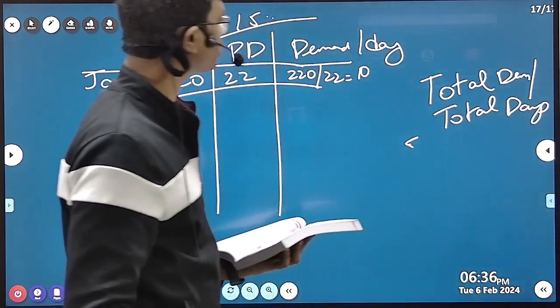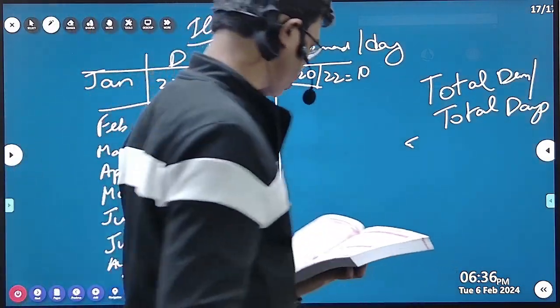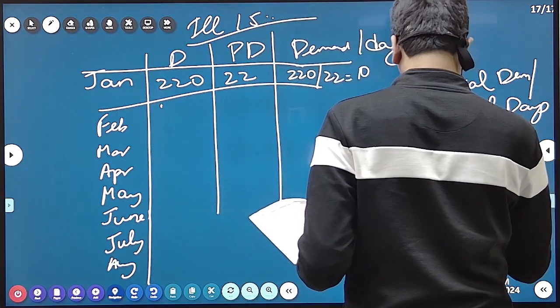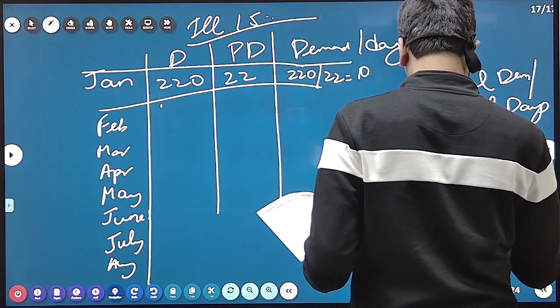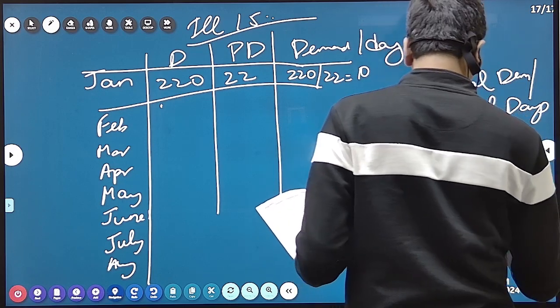That will give you how much you have to produce per day to meet your demand. So total demand is 3500 and your total number of days is 250, so that will be 14 units per day.